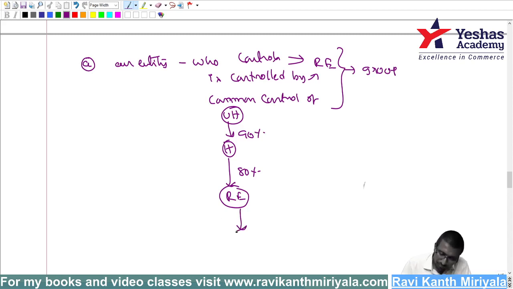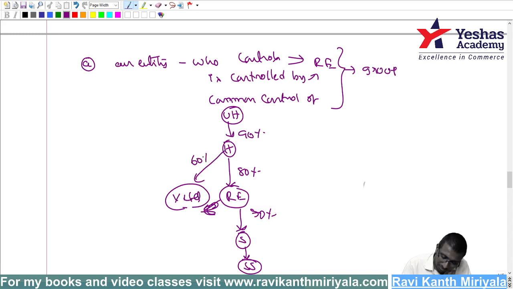I have a subsidiary company, and that subsidiary has a sub-subsidiary company. H company has also got Y Limited with some 60% stake. The ultimate holding company has Z Limited with some 80% stake.